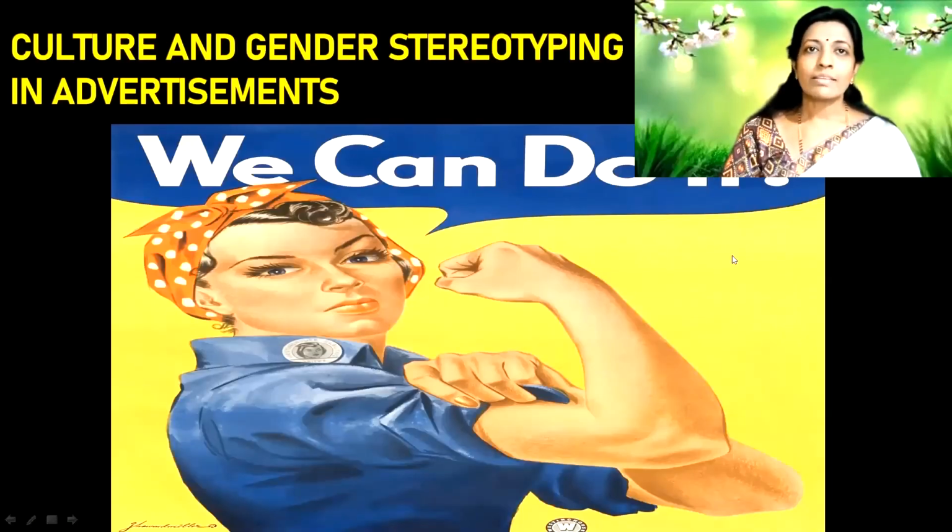The second lesson in the fourth unit is titled Culture and Gender Stereotyping in Advertisements. In the earlier advertisements, we could see that women were generally restricted to advertisements related to beauty products or cooking items. But now we find that women are shown as career-oriented and also driving vehicles and other such things.